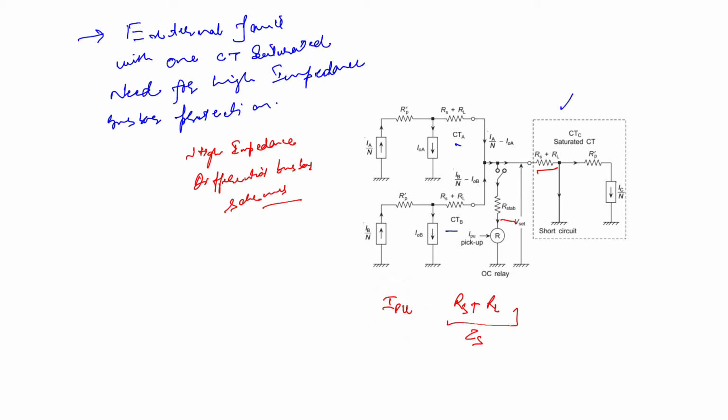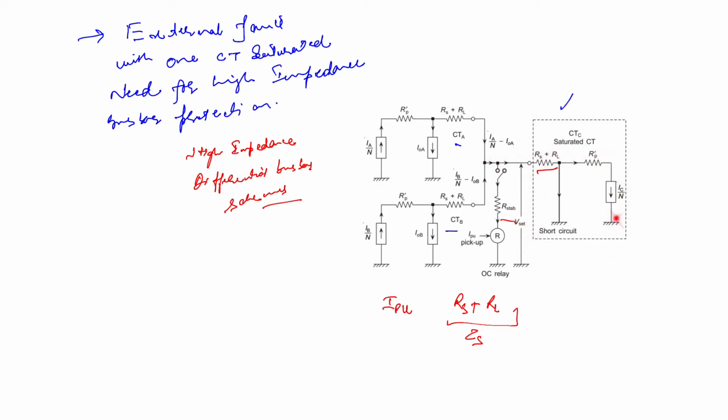So first we find the voltage across the overcurrent relay in series with the stabilizing resistance, and let it be V set. We have to calculate this V set.